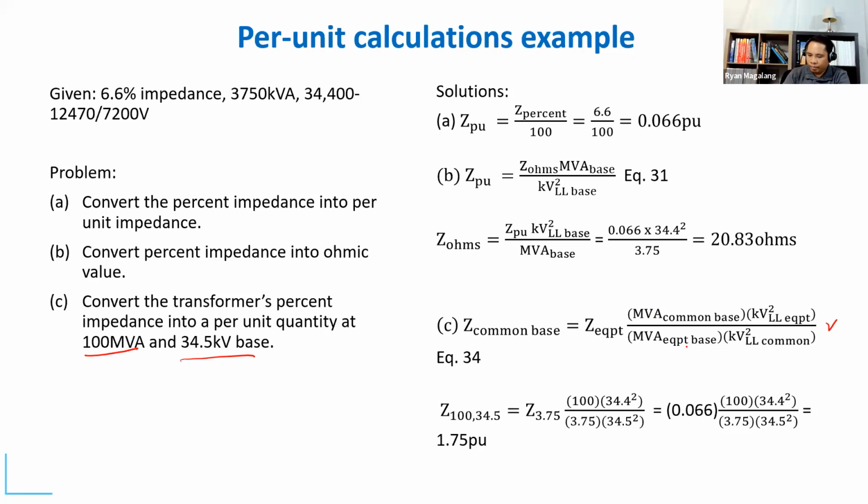So basically replacing it with the values. Now we have 100 here for the new base, and 34.5 as the voltage base. Now the result is 1.75 per unit. So it changes your per unit value, but it did not change the actual ohmic value. So that's just one thing to remember.